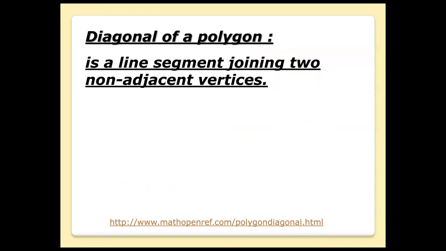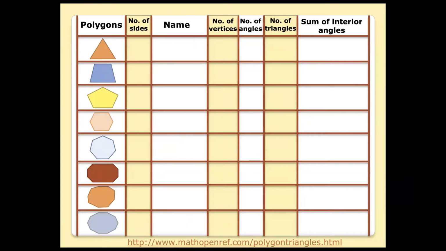Okay, next. Okay, the diagonals. Now it's a very easy table to find the number of vertices or number of angles or number of triangles inside the polygons. Any question here? Do you have any question to finish this table?